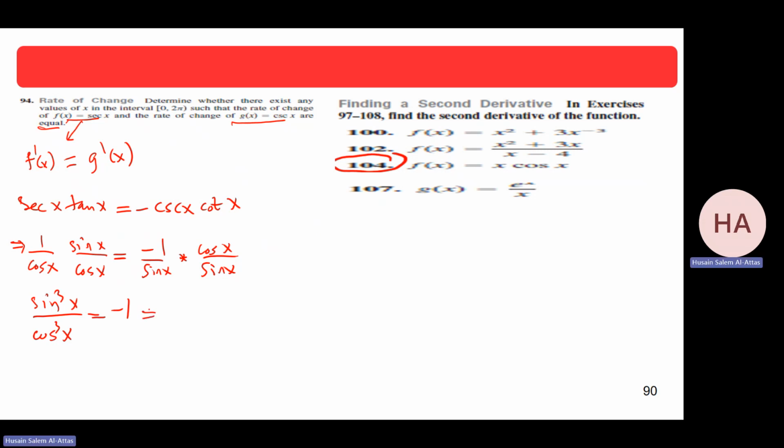That implies tan cubed is equal to minus 1, so tan is equal to minus 1. When tan equals minus 1, x is between 0 and 2 pi, in the second and the fourth quadrants, and the reference angle is pi over 4. So it will be 3 pi over 4 and 7 pi over 4.